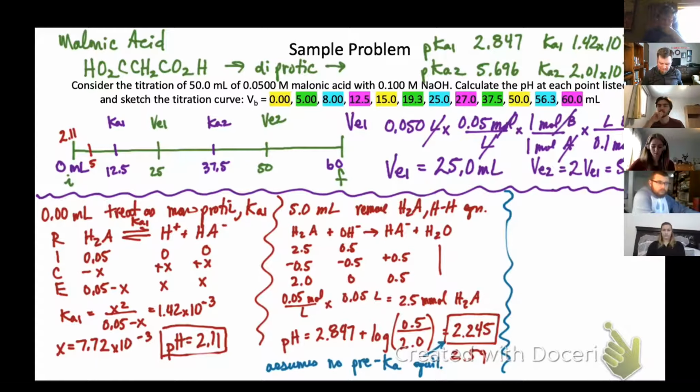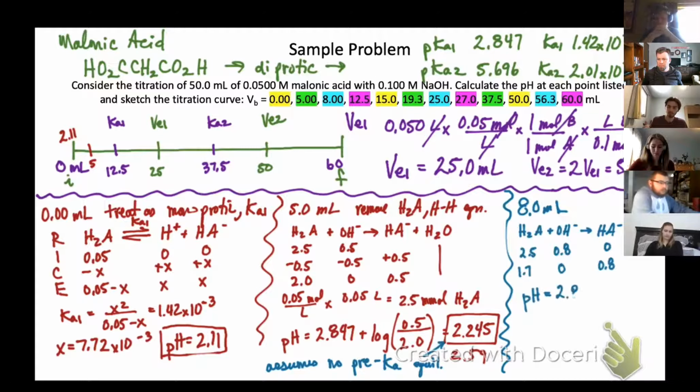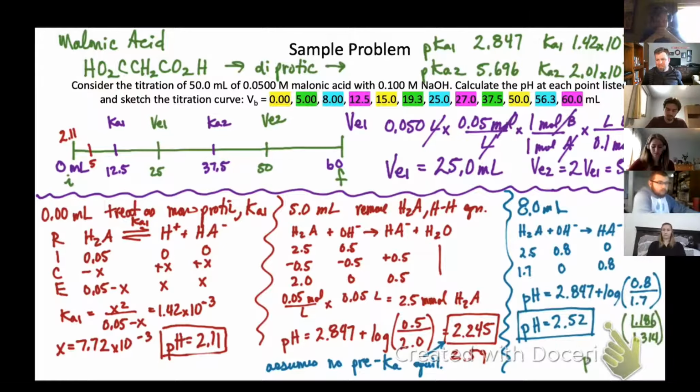Let's see what the next volume is that I solve here. I don't think it's 8. Oh, I guess I do go through 8, maybe. So let's take a look at 8. It's the same kind of math, same kind of table we're setting up. In green in the lower corner there, that's actually with the pre-equilibrium accounted for.